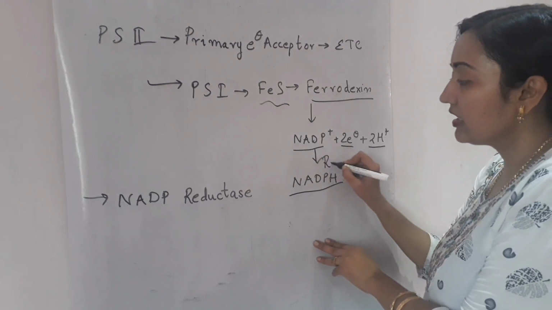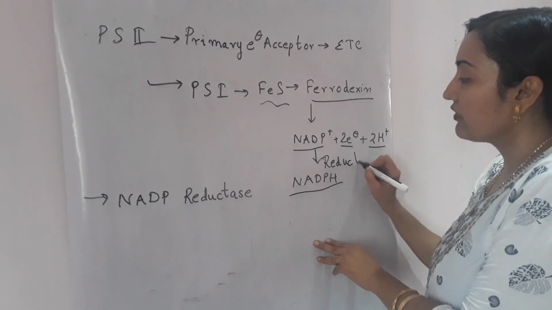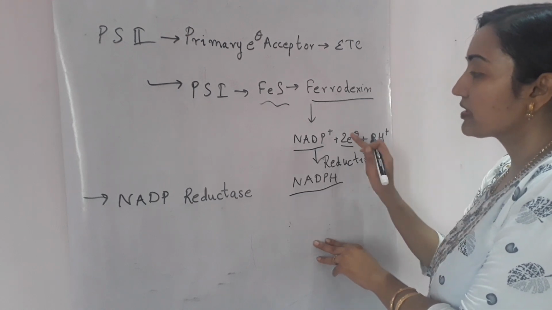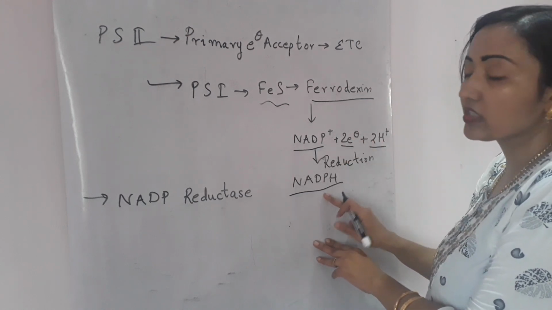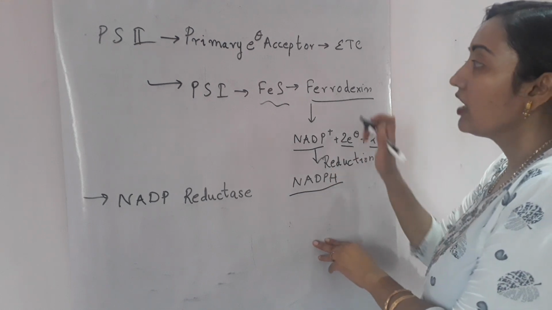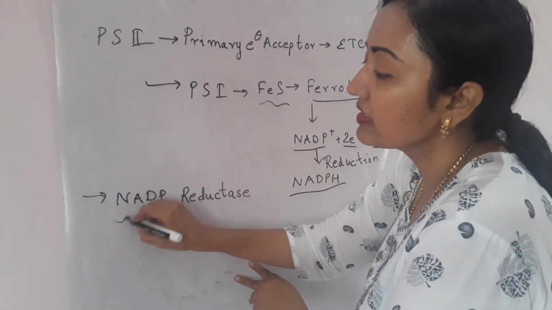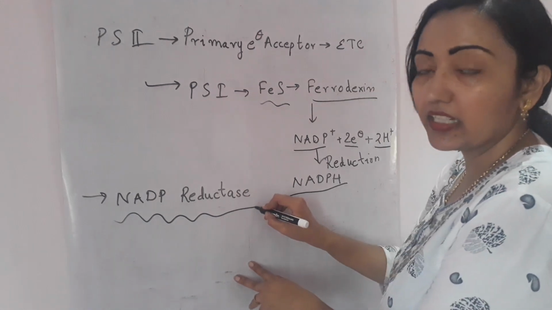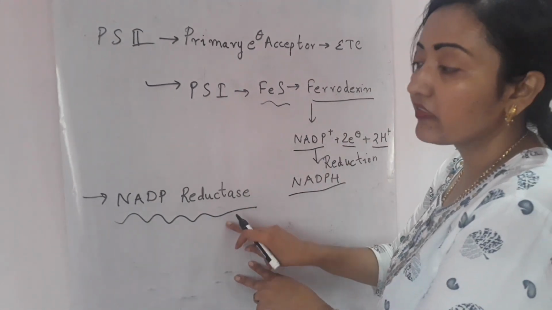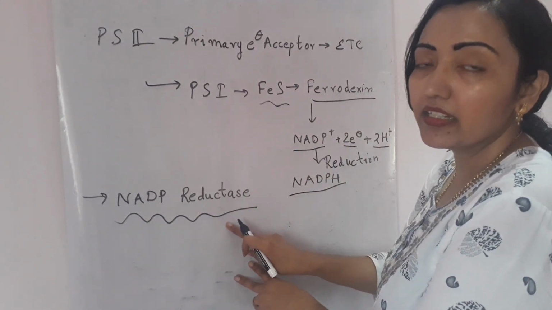This is a reduction reaction, because whenever a compound accepts electrons, it gets reduced. Ferredoxin is otherwise called NADP reductase.